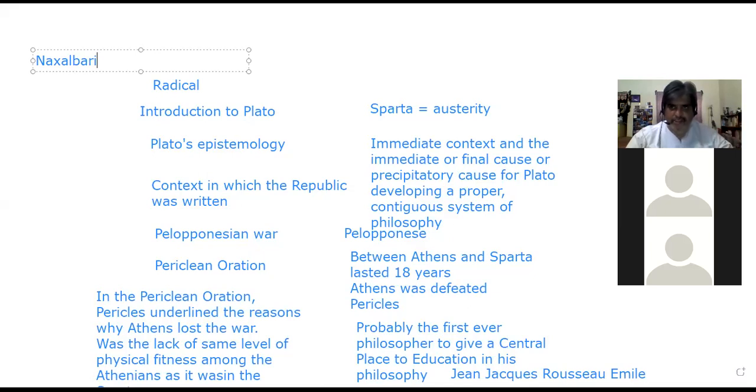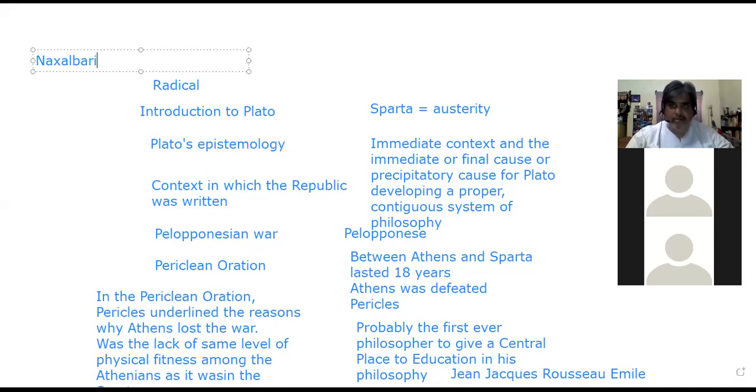And even in the left, it is associated with the radical left, because people here are advocating the use of violence.